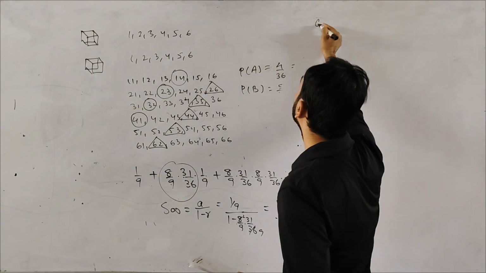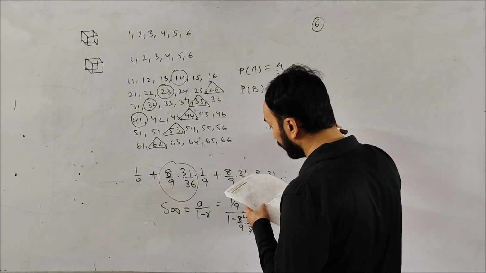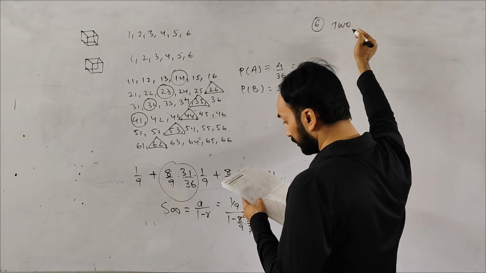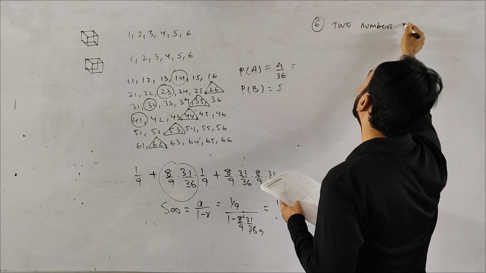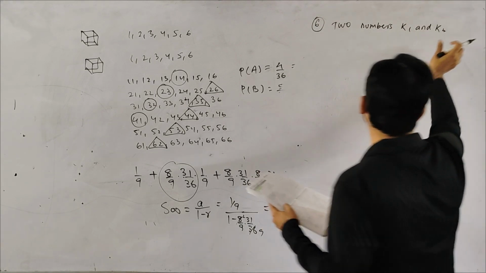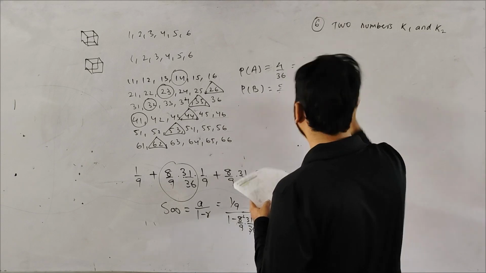Question number 6. Just see what the question says. Two numbers K1 and K2 are randomly chosen from the set of natural numbers, right?